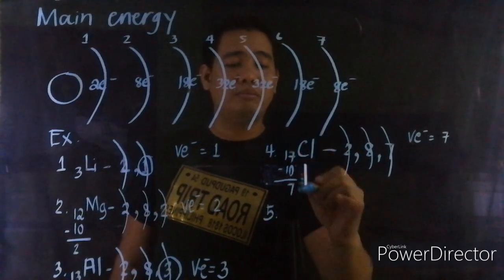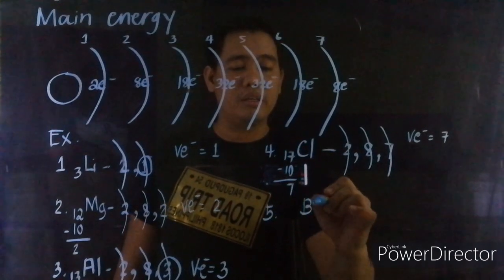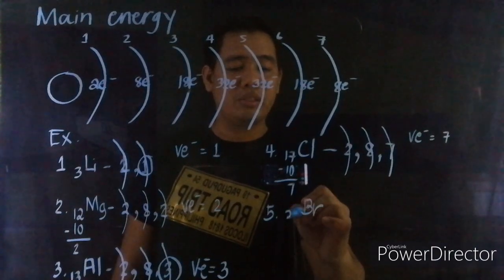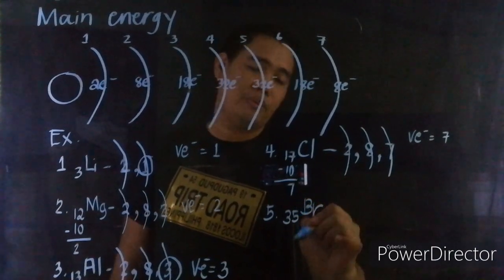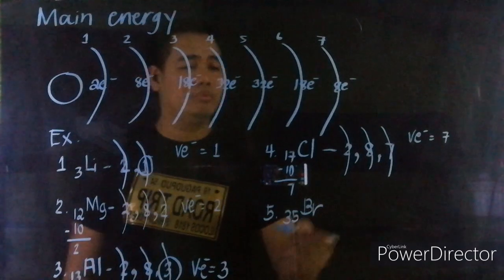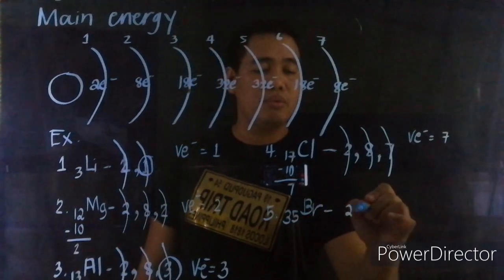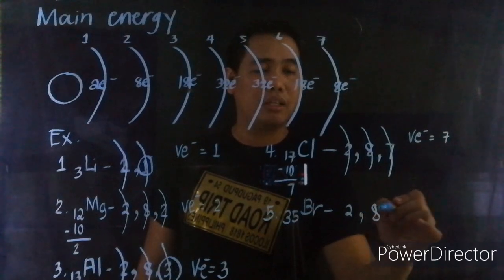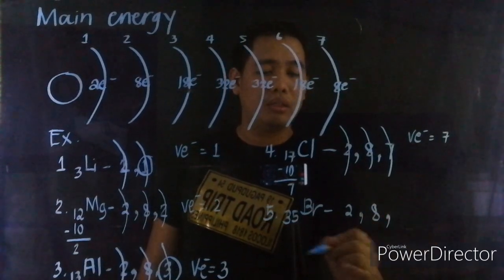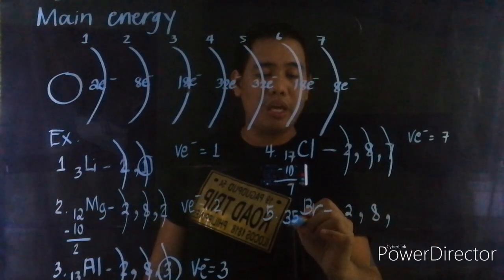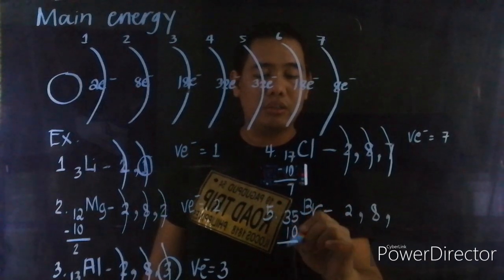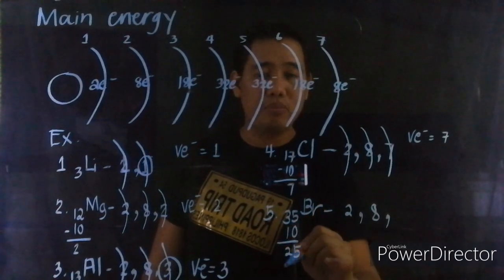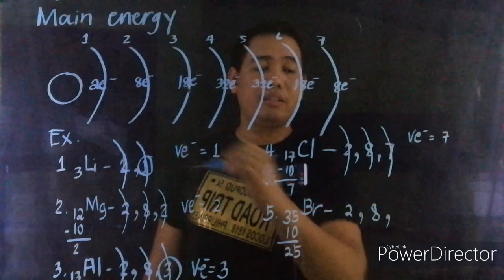So let's have bromine. Bromine is 35. So we have 2, we have 8. So we have 2 plus 8, we have 10. So we still have 25. So we can still write 18.